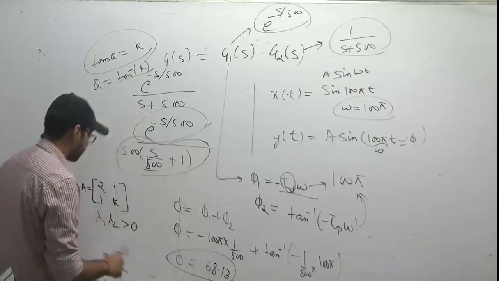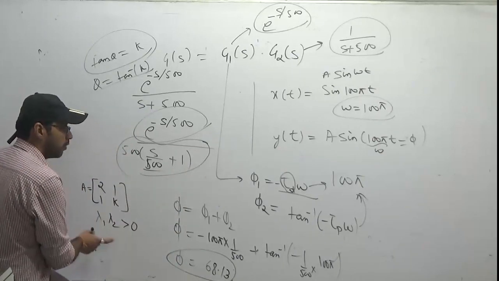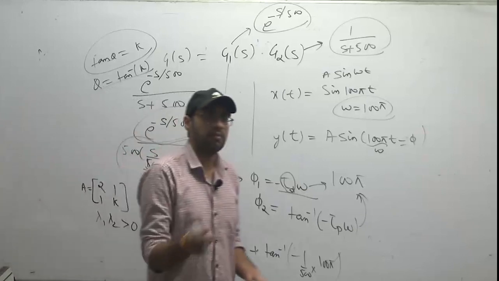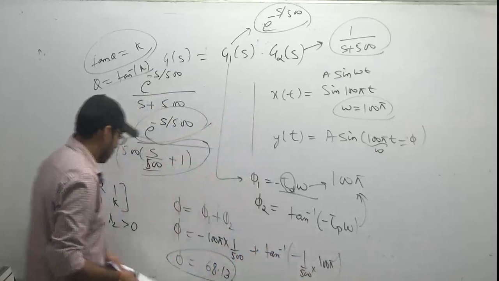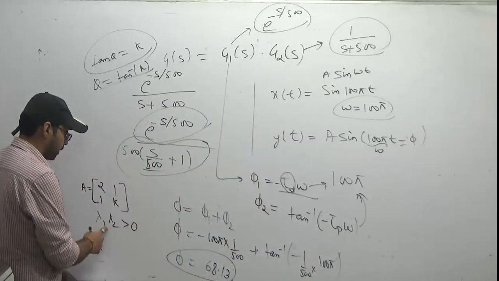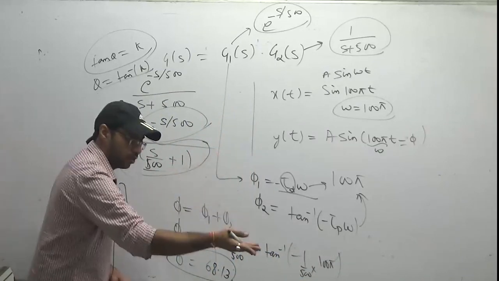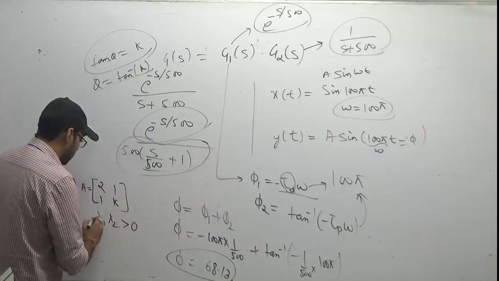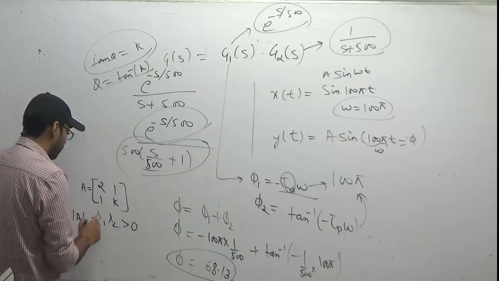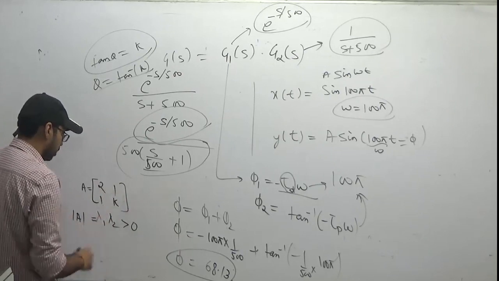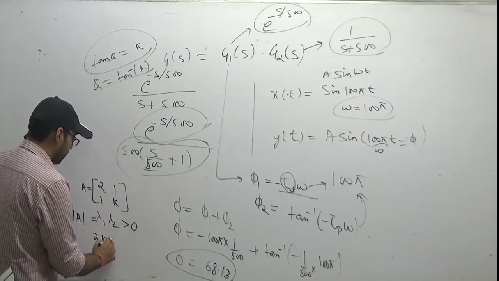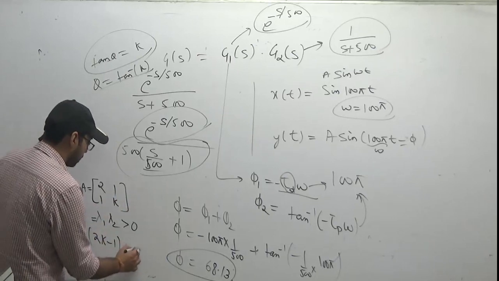Now tell me one thing, if you know the eigenvalues, we can calculate the determinant by the multiplication of eigenvalues. For positive, multiplication of these is greater than 0, or multiplication of these is equals to the determinant of A. What is the determinant of A in a 2 cross 2 matrix? This is 2k minus 1 greater than 0.